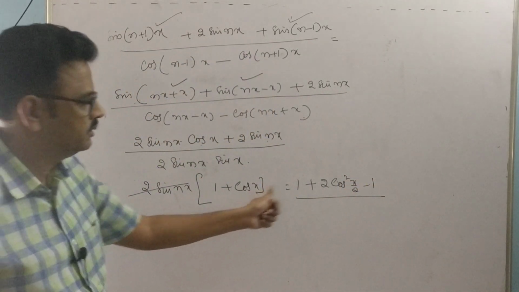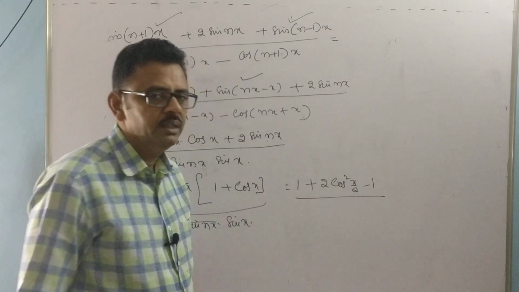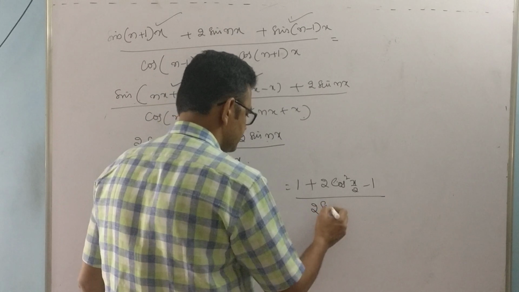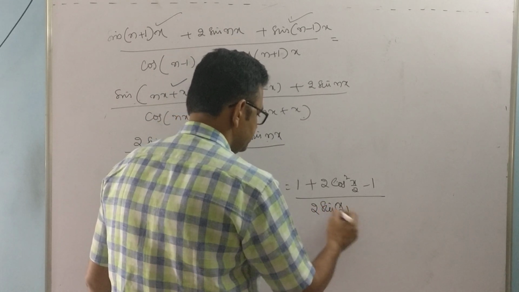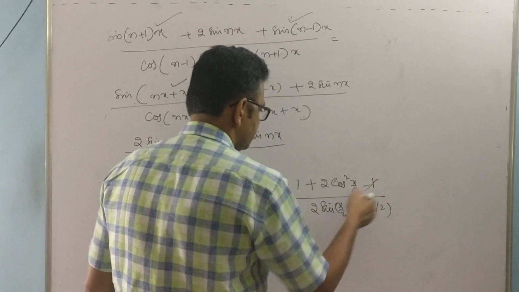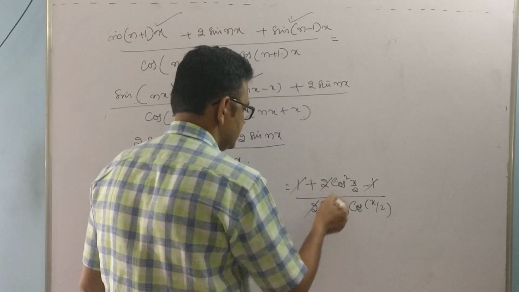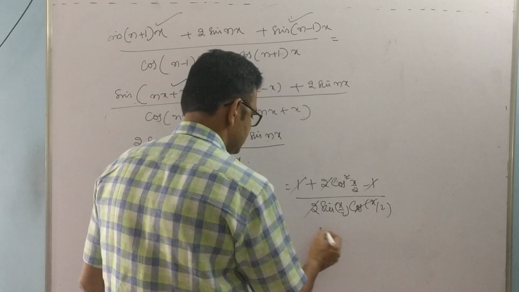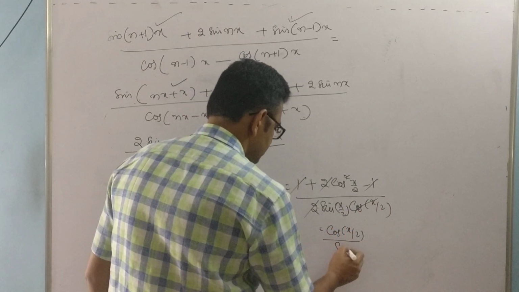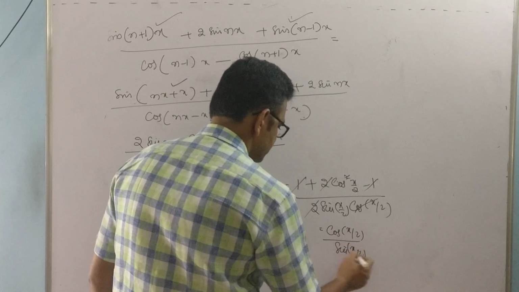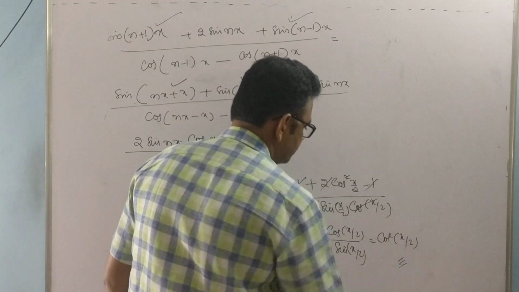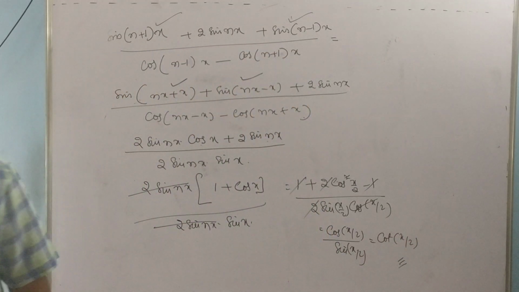Sin x formula is what? 2 sin x by 2 into cos x by 2. So 1 cancels, 2 cancels, square gets cancelled. That equals cos x by 2 by sin x by 2, that equals cot x by 2. Cot x by 2 is the answer.